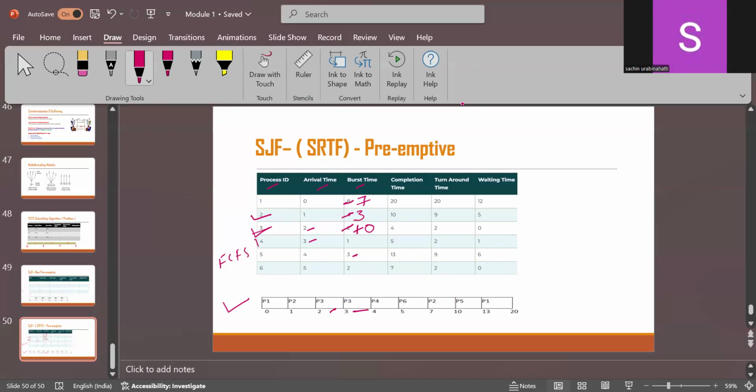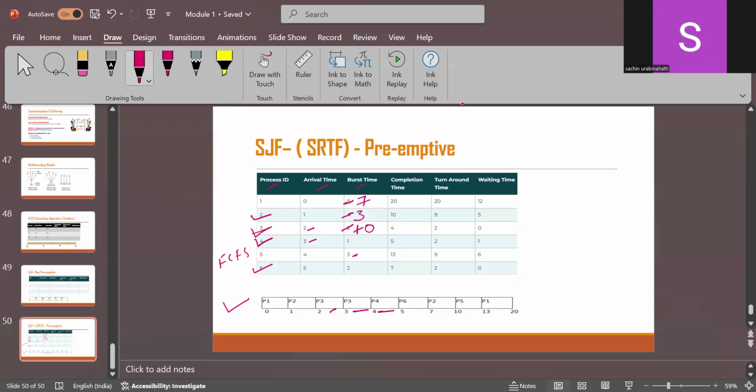That is P4. So P4 is executed after the fourth unit of time. At the fifth unit of time, P6 also comes into the ready queue, and its execution time is 2. So when P5 has been executed from the fourth unit of time to the fifth unit of time, what will be the execution time for this one?